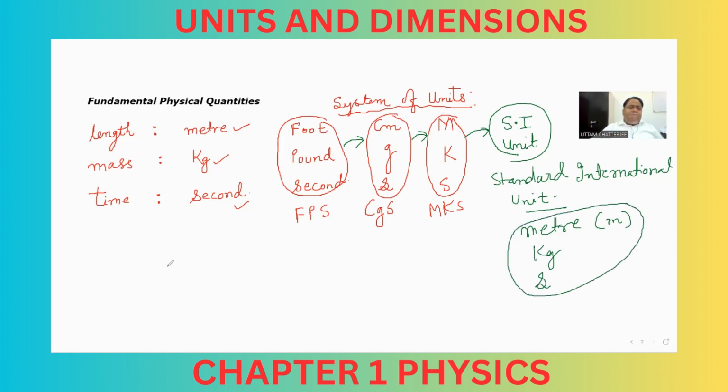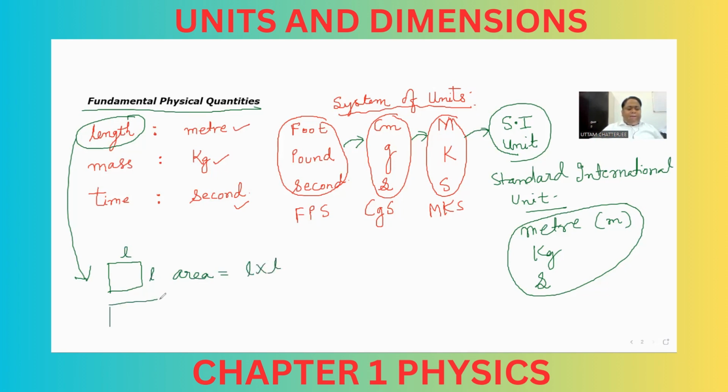Now, using these physical quantities, which are fundamental or basic, we can find out the units and the physical quantities which can be derived out of it. Like, if you try to find out area of any two-dimensional object, then say, for example, if you take a square, it will be length into length. So area is a derived physical quantity, length into length.